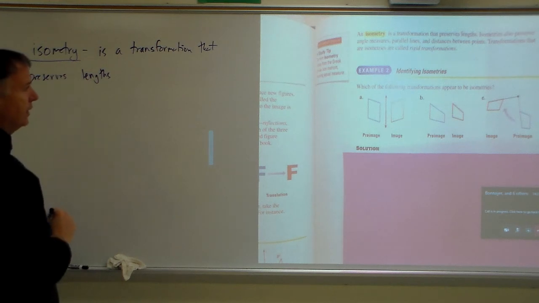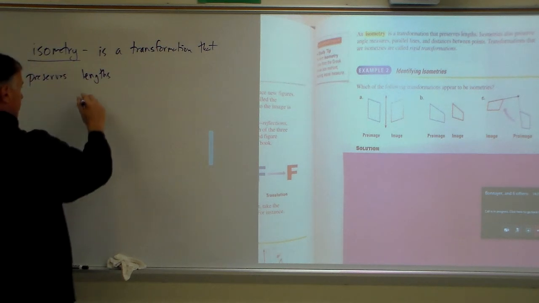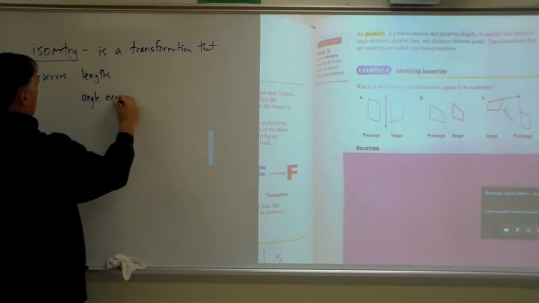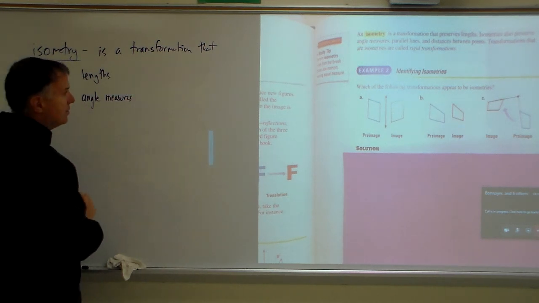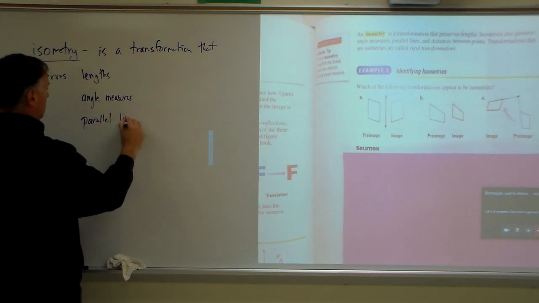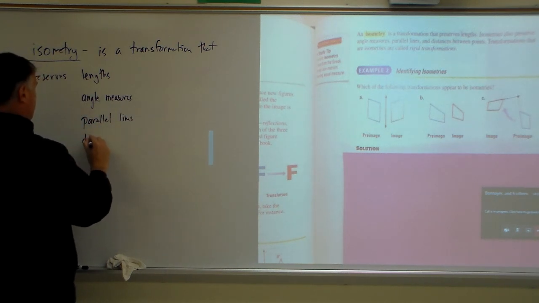I'm going to write this out differently. Angle measures. Parallel lines. The distance between points.